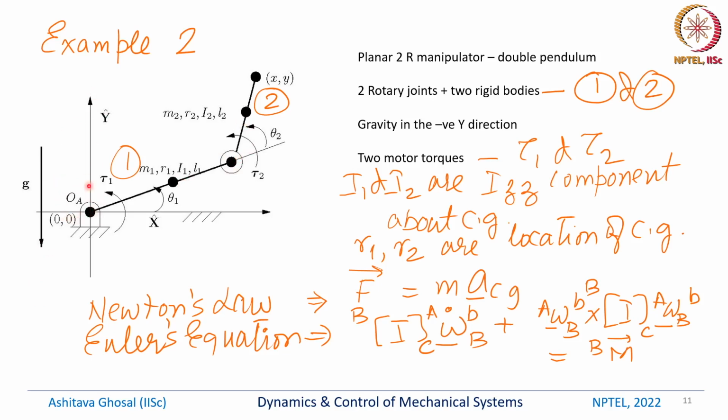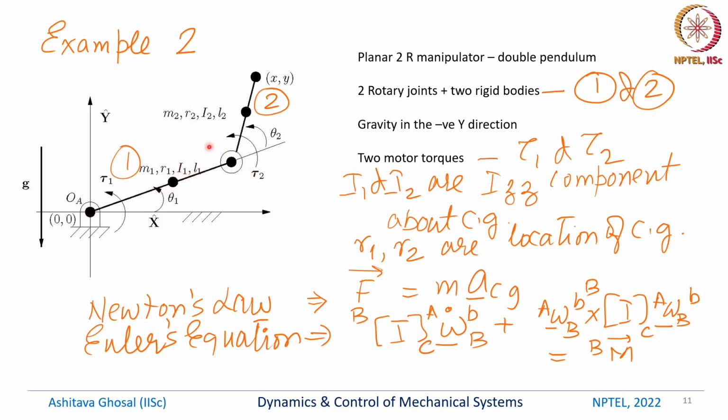This is the origin of the fixed coordinate system x, y, OA, and for each link we have the following parameters. We have the mass of this link, m1. The location of the CG of the link is given by r1, and in this example we assume that it is along the link. It need not be on the link, but for simplicity we say this is r1. We also have the z component of the inertia, which is I1.